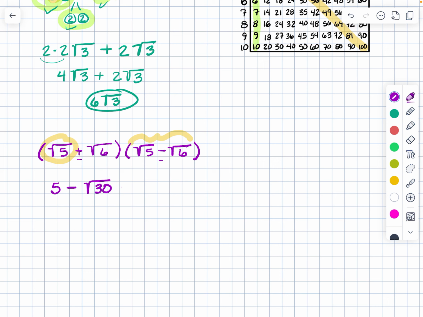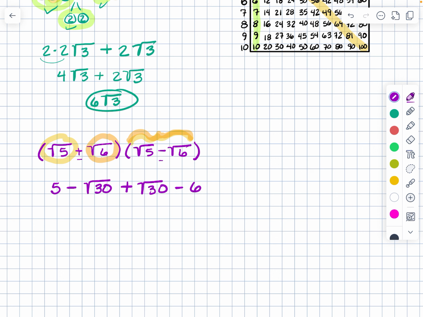And then plus, now I'm going to be doing this times all of this. So I've got the square root of 6 times the square root of 5 is again going to be the square root of 30. And then the square root of 6 times a negative square root of 6 is going to be a negative 6.